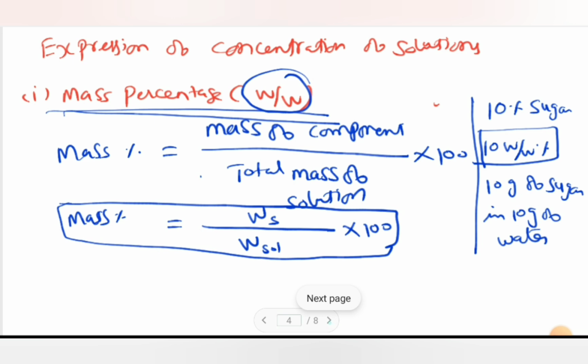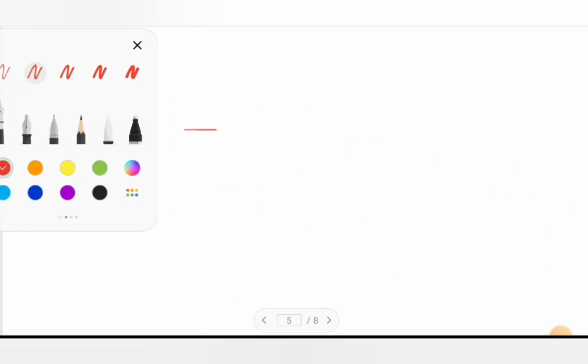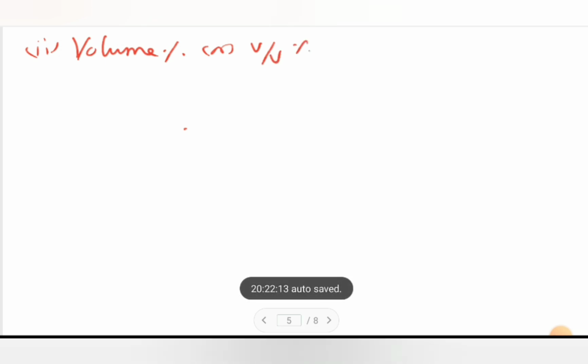So let's move on to the next one, volume percentage, which is also known as V by V percentage. The formula for this one is the same as the previous one.